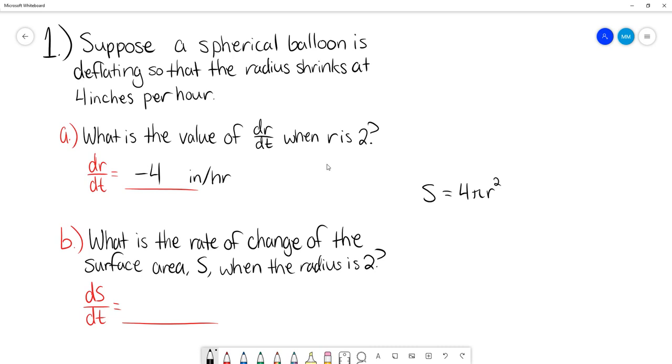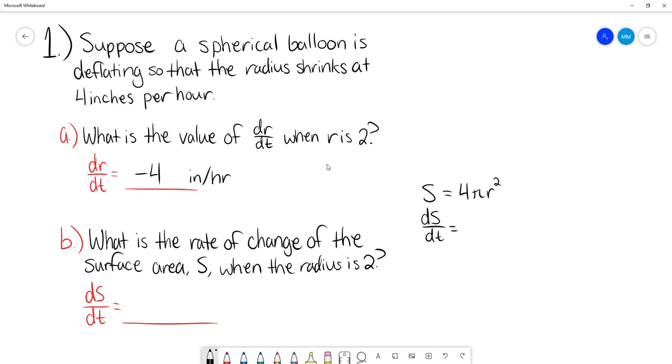So if we take the derivative with respect to t, it's going to be dS/dt equals whatever the derivative of this is with respect to t. This is technically an implicit differentiation. I know 4 and pi are constants, a constant coefficient here, so I just have this variable here.